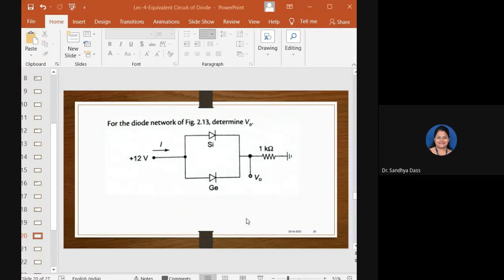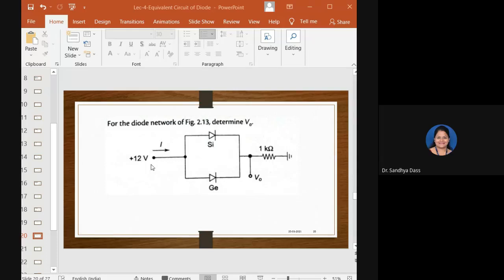Can anyone analyze and tell me which diode would be conducting? Now, the applied voltage here is 12 volts. There are two diodes, silicon type and germanium type, and there is a load of 1 kilo ohm resistor connected at the output side.